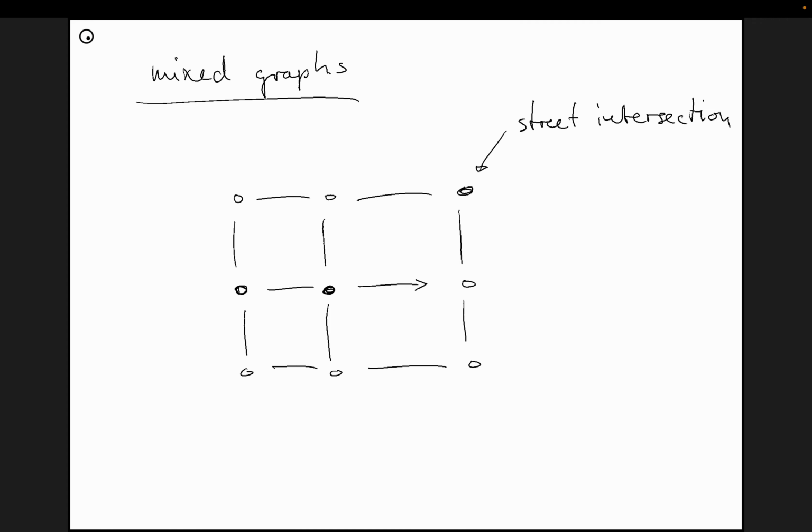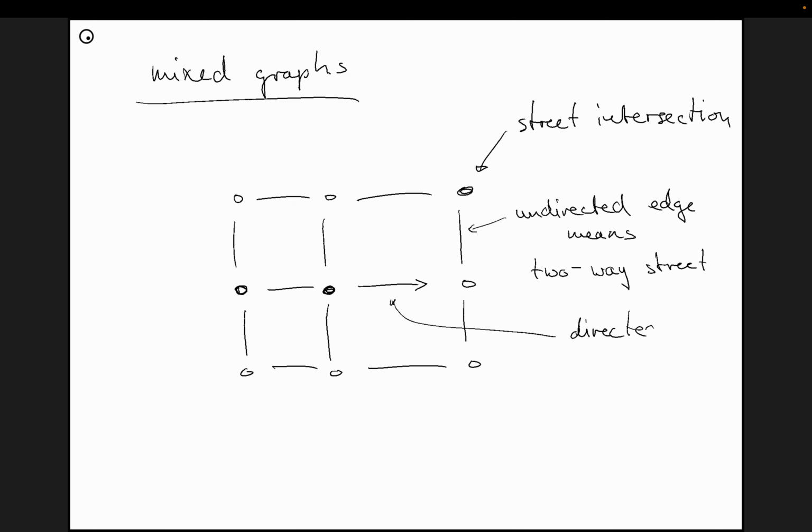This could mean that every undirected edge, like here, means two-way street, and a directed edge means one-way street.